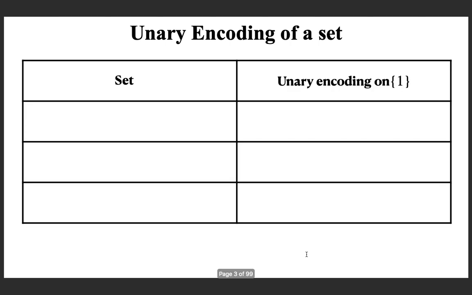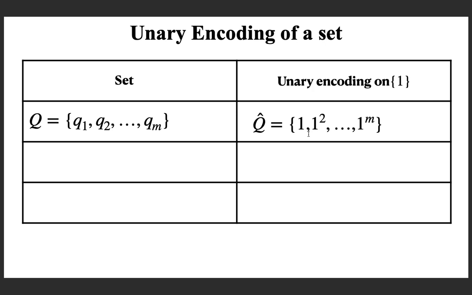And before we look at what is Universal Turing Machine, we need to recollect what we discussed in the previous lecture about unary encoding of a set. Consider a set which is the set of states in an automaton. Say there are m states. Then in a unary encoding where only the alphabet is 1, you can represent the states as this.